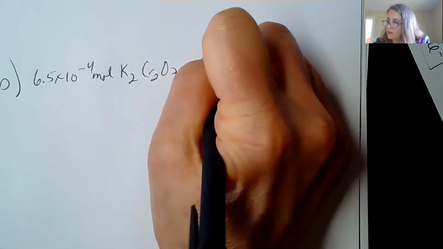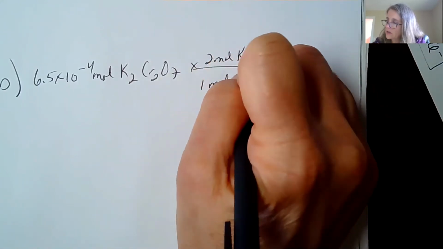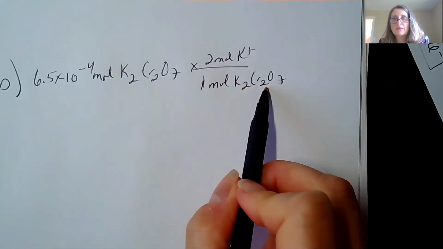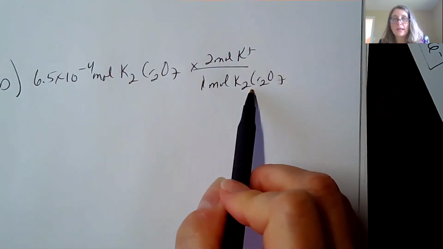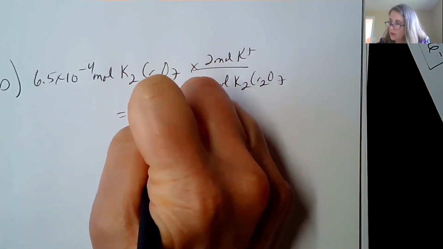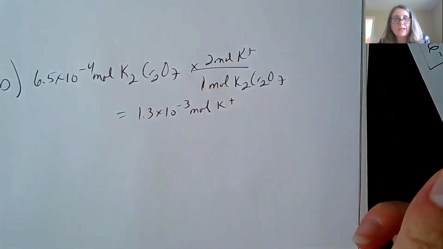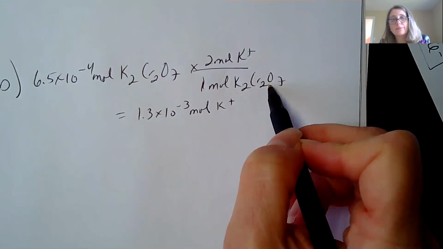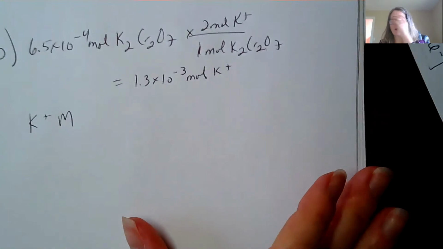Well, I know for every mole of my ionic compound, potassium dichromate, I have 2 moles of potassium ion. So looking at the formula, this is exactly what I did in the first part. I'm just showing it to you. So it's multiplied by 2 because I have twice the amount of potassium floating around in there as I do the dichromate. So what is the molarity of the potassium ion?